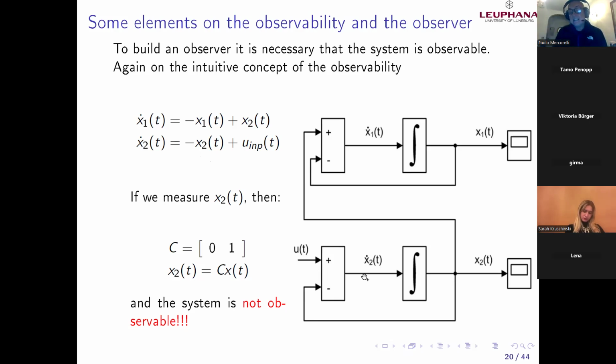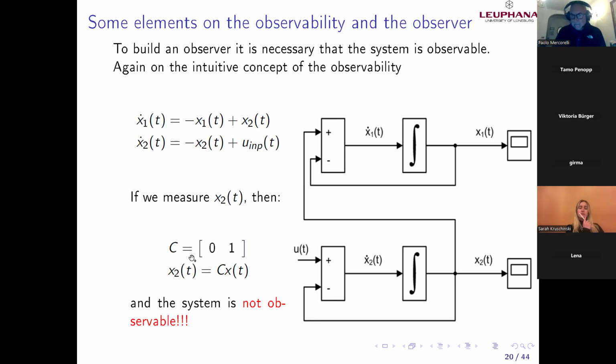When I say that x2 derivative equals u of t, the input, excuse me for this error, I forgot the subscript, x2 derivative equals u input minus x2, of course, is in the definition of the block plus minus, or in general, the block Add. In MATLAB it is Add, addition, in the sense of algebraic addition.